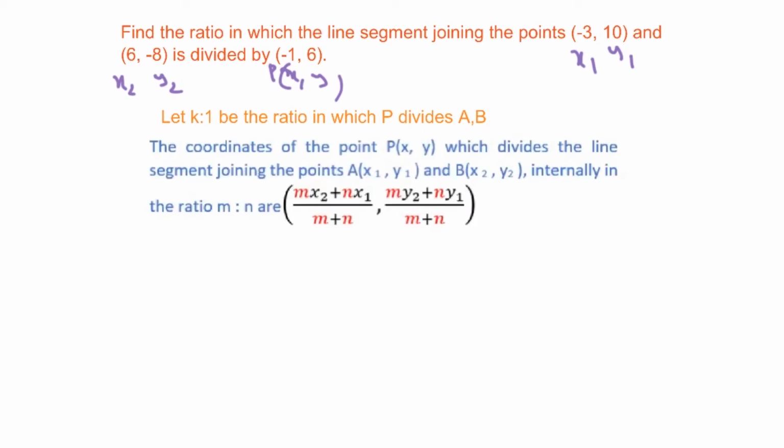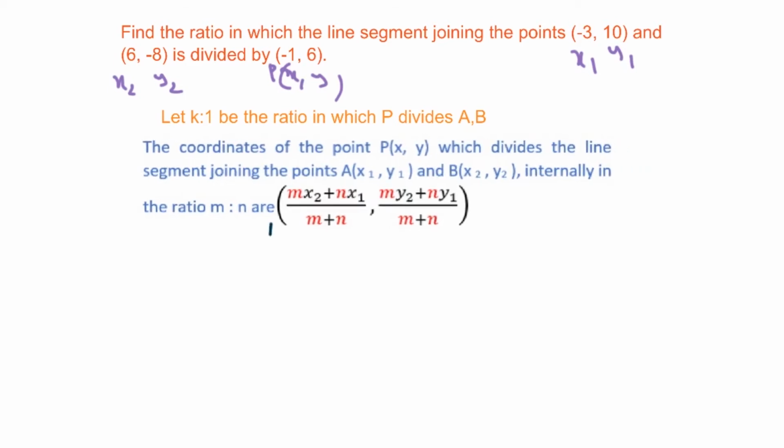The coordinates of the point P(x, y), which divides the line segment joining the points (x1, y1) and (x2, y2) internally in the ratio m is to n, are (mx2 plus nx1) by (m plus n), comma (my2 plus ny1) by (m plus n). So these points are already given.